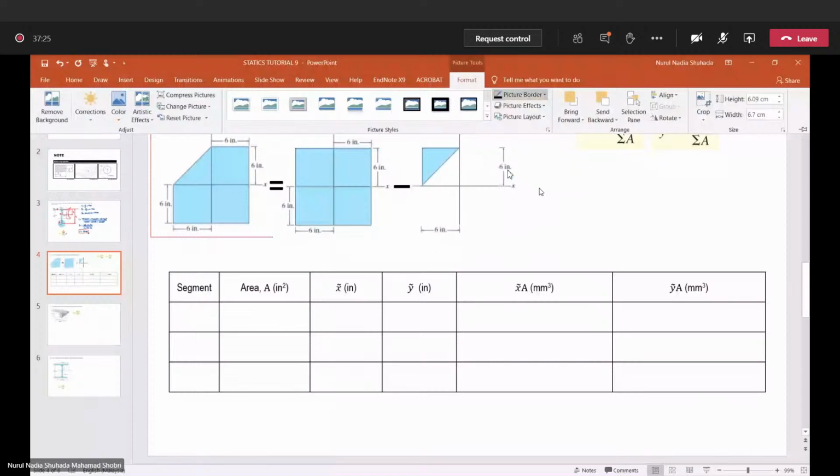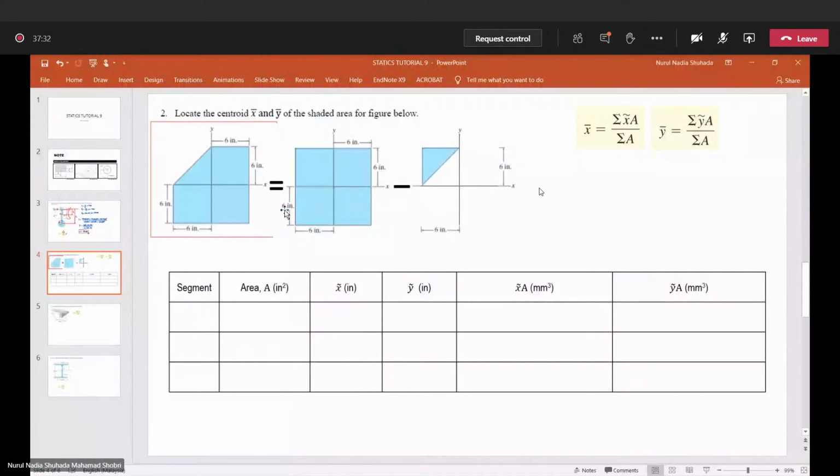The given area is equal to the whole big triangle minus the small triangle here. So you will get this final shape.